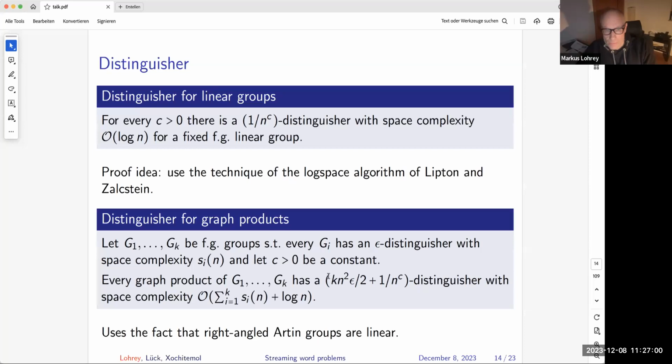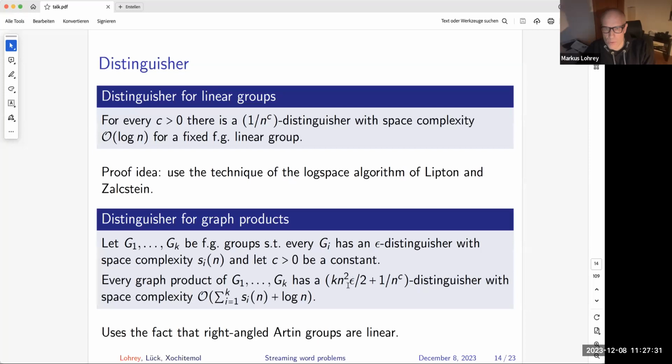Now the error, the epsilon. Here we have a very small epsilon, but the epsilon gets larger, and quite a lot actually, because the new epsilon for the graph product distinguisher is K times n square times epsilon divided by 2, plus this additional small term.